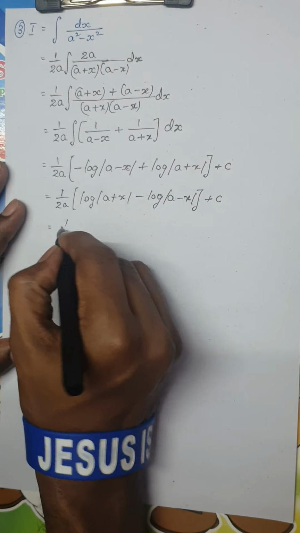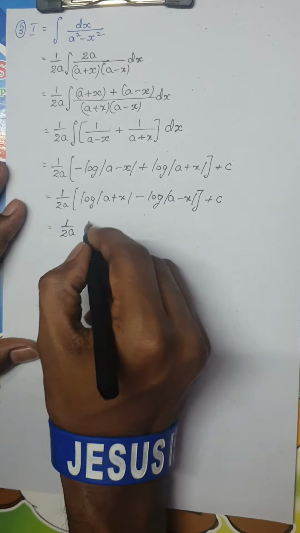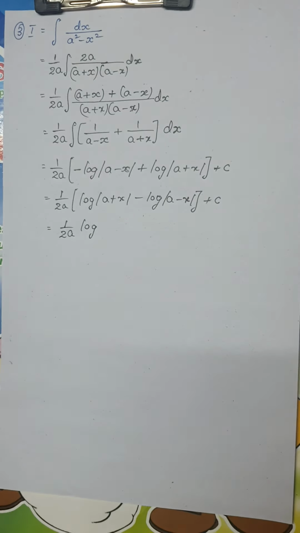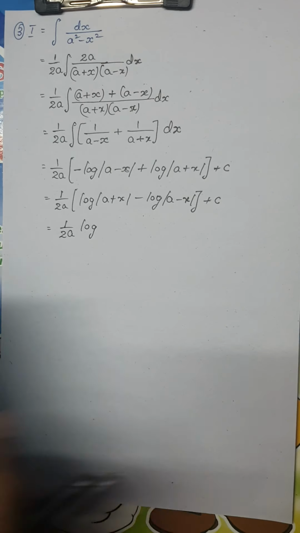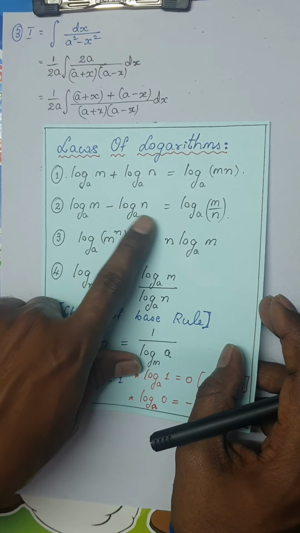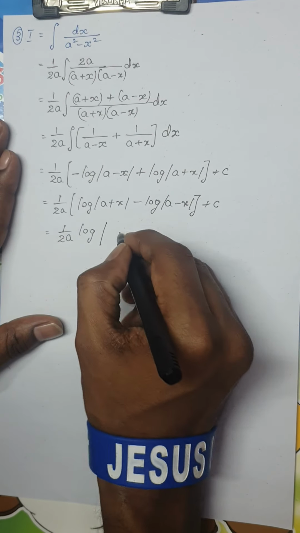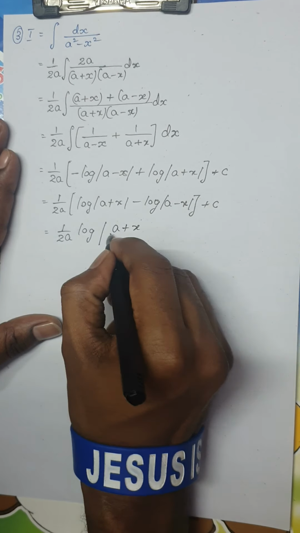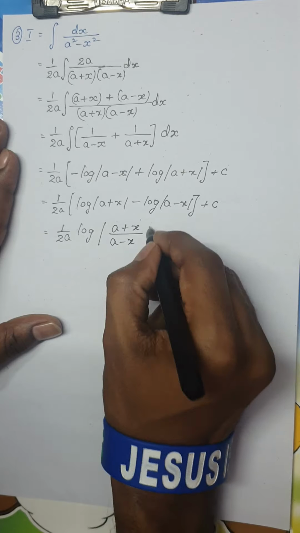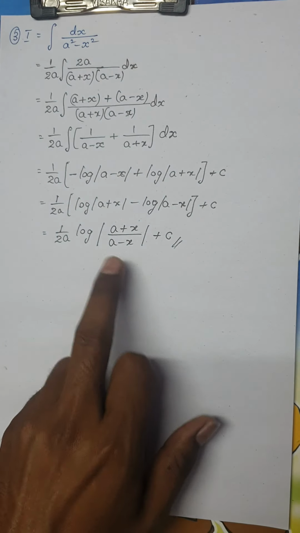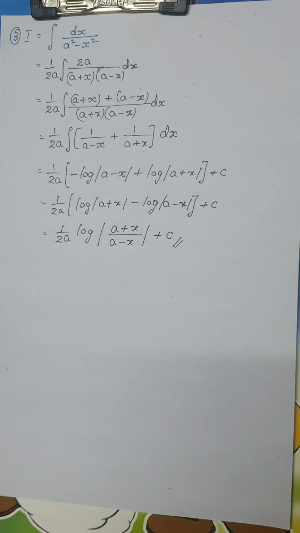So the final result can be written as 1 divided by 2a into log of, remember, again as I told you, I'm going to use the law of logarithms. Log m minus log n is log of m by n. So this becomes log of mod a plus x divided by a minus x plus c, which is the constant, and this is the proof for this integral.